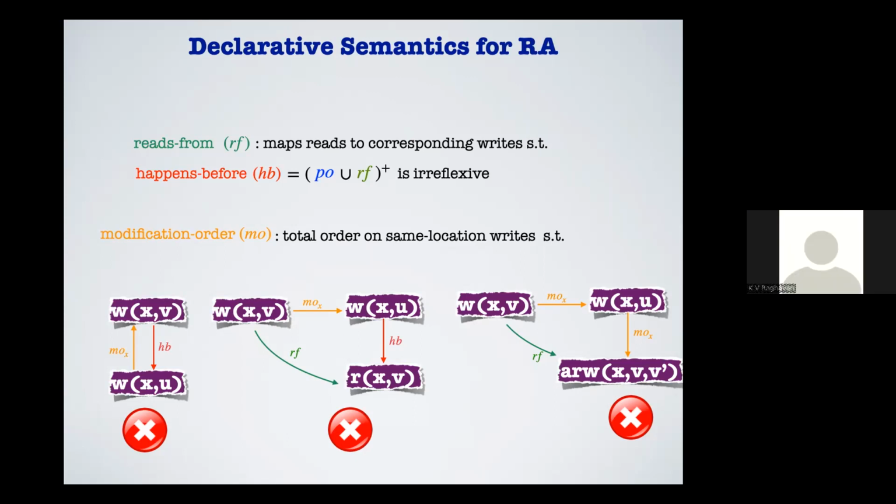Deepak, in that one there is a separate happens-before relation, but here HB is just defined in terms of PO and RF. There is no independent one. I think Deepak was trying to talk about future writes.